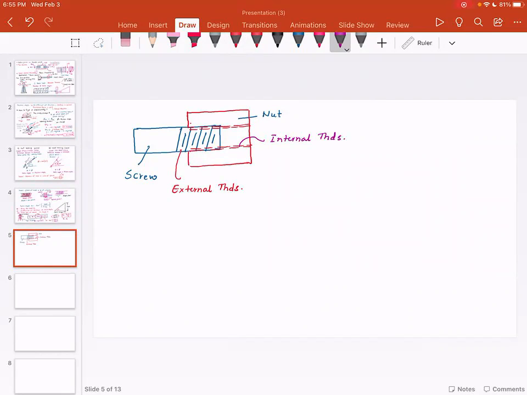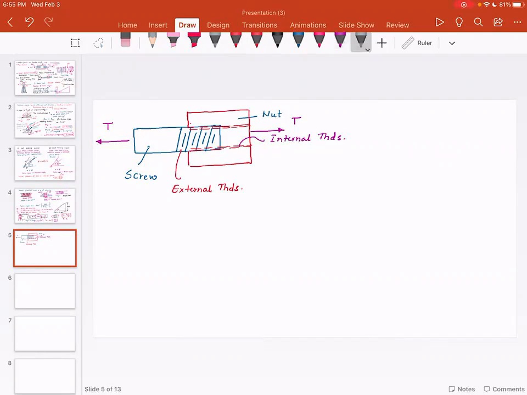And clearly, if the screw is right hand, your nut has to be right hand, because a right hand screw and a left threaded nut will not match. You cannot assemble those. So now you have this assembly. And then imagine there could be a tensile load T on the nut and the screw.